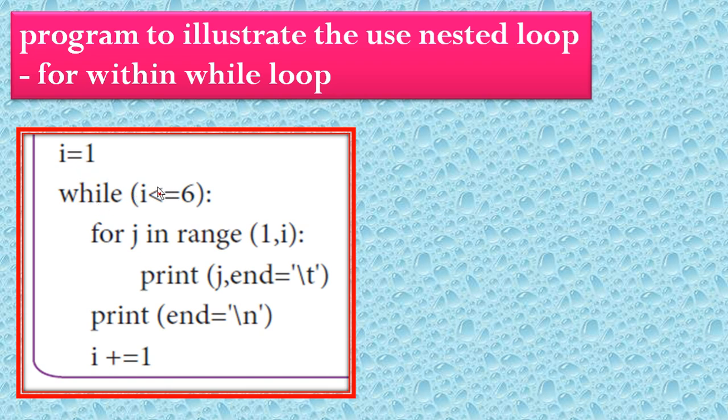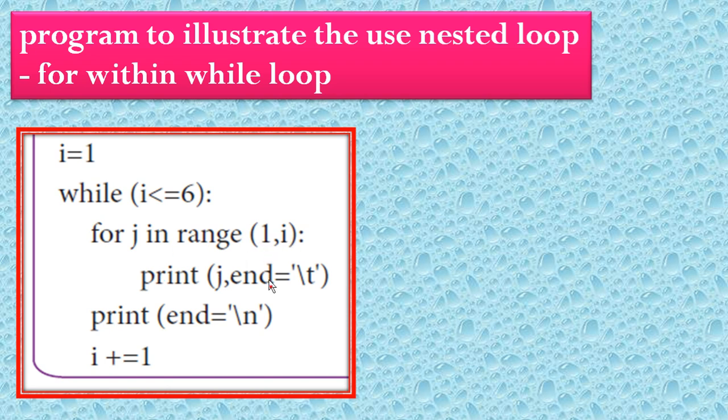In the while, the condition is checked here. I equal to 1, so the condition is true. The control transfers to the inside for loop. In the for loop, the range is between 1 and the I value, so the range is 1 to 1.